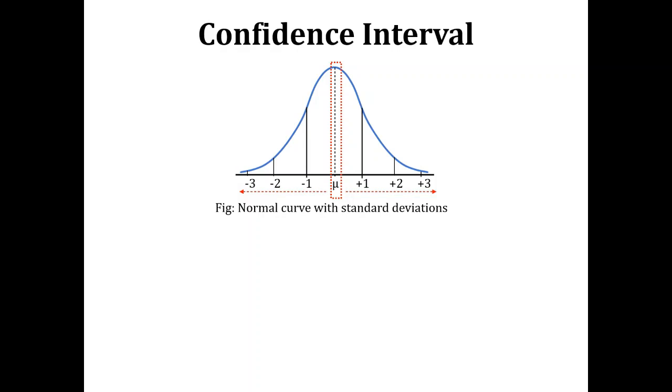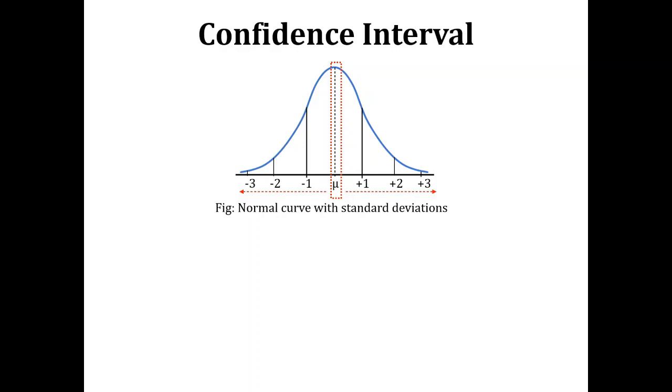So this is the normal curve, that in the center we have the population mean, and then arrows on both sides. You can see that these arrows basically demonstrate the deviation from the mean value, right? That how much are the values below the population mean and how much are the values above the population mean. So these arrows on both sides represent these deviations from the mean value, right?